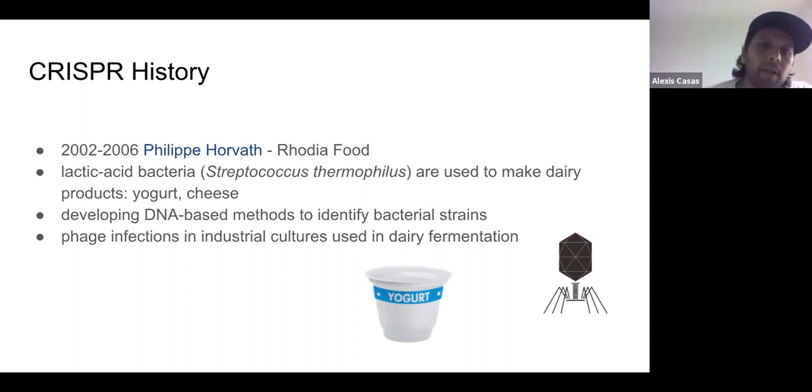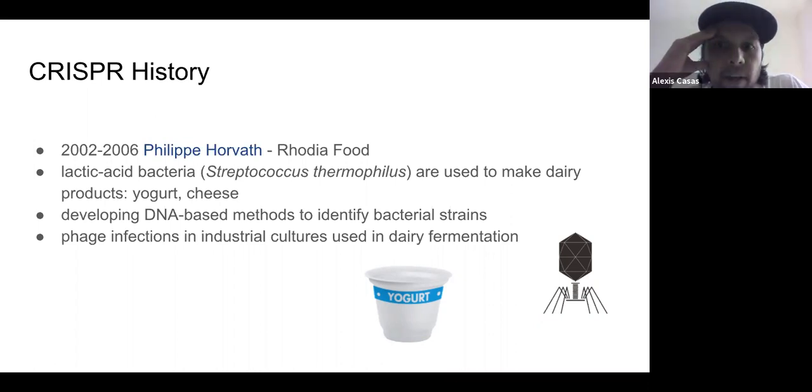Now we're back. Now we're in 2002, and around that same time, there was someone else, Philippe Horvath, who was working in the industry at Rhodia Food, and Horvath had been working on lactic acid bacteria. And at Rhodia, Horvath's work included developing DNA-based methods for precise identification of bacterial strains. And he was trying to overcome the frequent phage infections that affect industrial cultures in dairy fermentation.